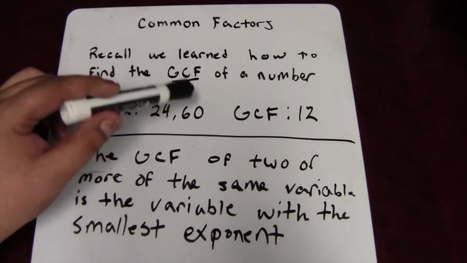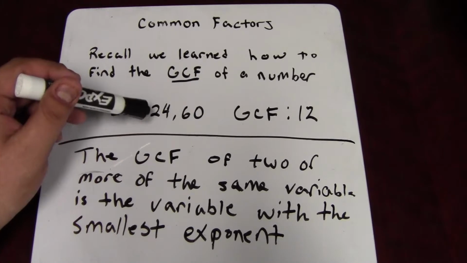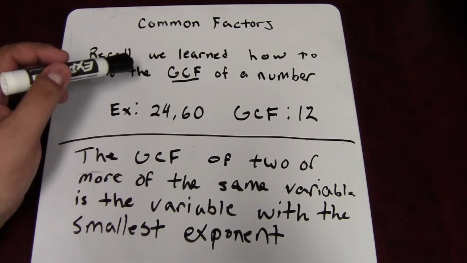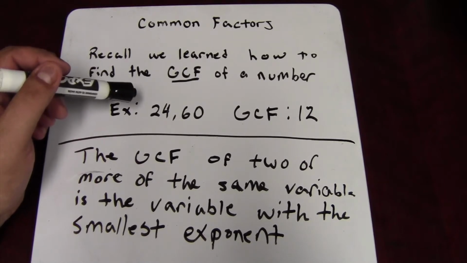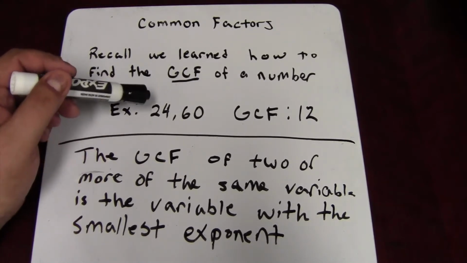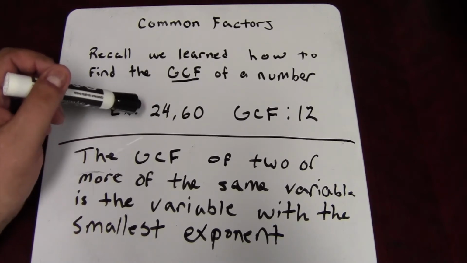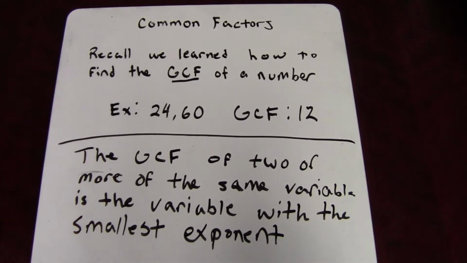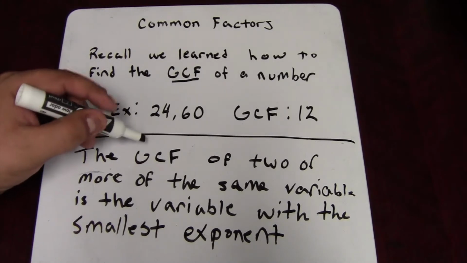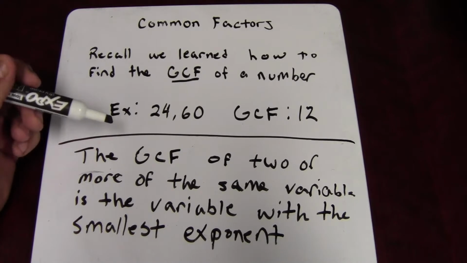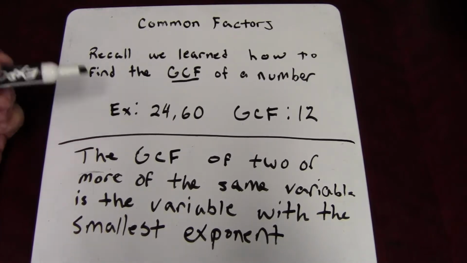And you can review on how we found that, but it's always just the largest number that divides both of the numbers. Or if you have more than two, it can be 3 or 4 and so on. But it needs to be the largest number that divides all of the numbers that you're asked to find the greatest common factor of.